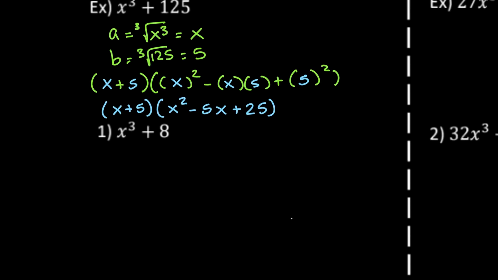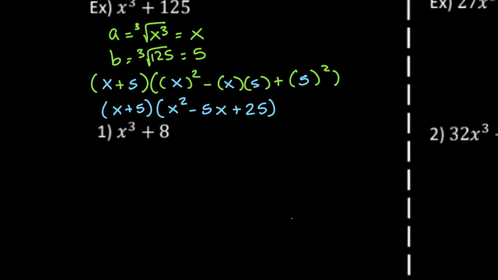Now, I'm telling you it's as factored as it can get, but what should we, on other problems, check for, do you think? Oh, we already did. Which one of these, x plus 5 or x squared minus 5x plus 25, do you think could possibly be factored a little more?